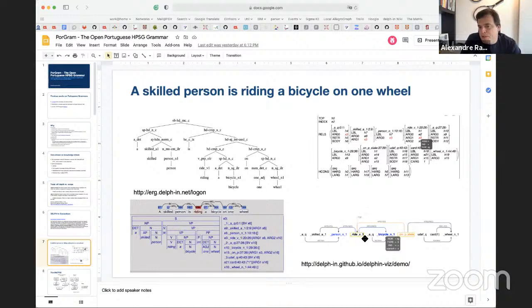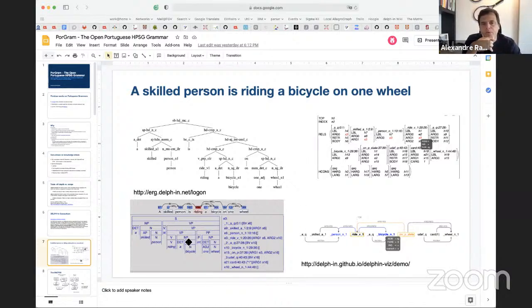But the main difference between this and this is that here we have a completely variable-free representation, right? So instead of working with variables to connect the arguments, here we have a graph, just links connecting the components.